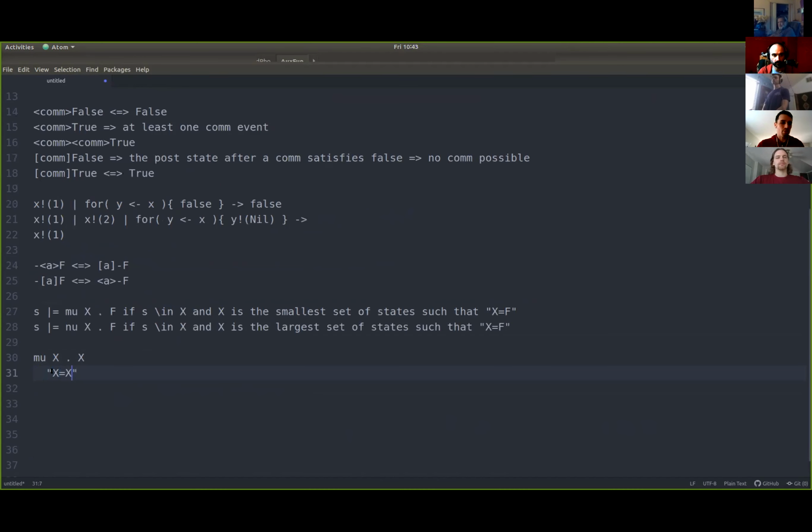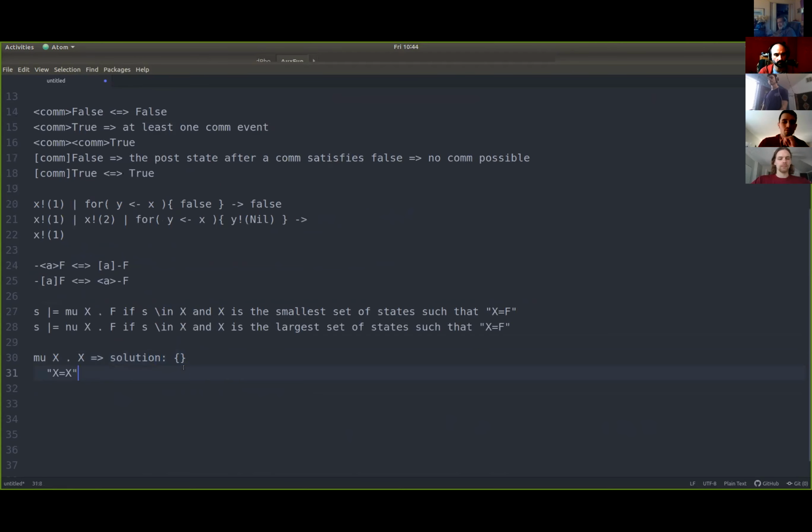But any set is equal to itself. So any set of states that we're talking about will satisfy this particular formula. So in particular, the empty set satisfies this formula. And so we say that the solution to this minimal fixed point operator equation here is actually just the empty set.